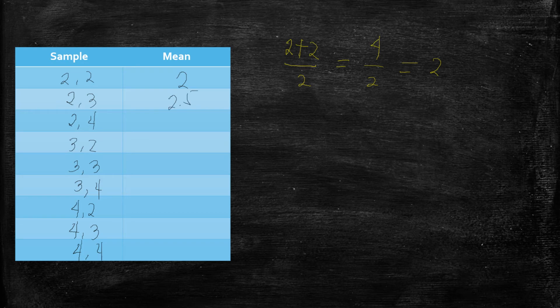Next, 2 plus 4 is 6 divided by 2, so you have 3. 3 plus 2, 5 divided by 2, 2.5. 3 plus 3, you have 3. 3 plus 4 is 7 divided by 2, so you have 3.5. 4 plus 2 is 6 divided by 2, that is 3. 4 plus 3 is 7 divided by 2, that's 3.5. And 4 plus 4 is 8 divided by 2, so you have 4.